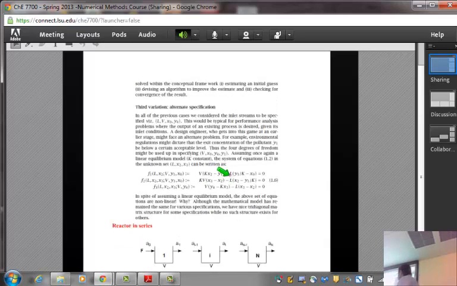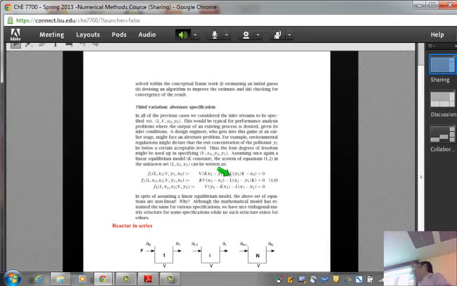The next example is a reactor in series. So I have a feed which is coming in with a composition of A0, and there is a reaction, an autocatalytic reaction taking place, for example, in reactor 1, which produces composition A1 that is fed into the next reactor, and so on. So all the compositions A1 to AN are unknown.